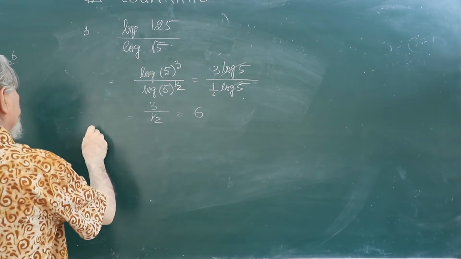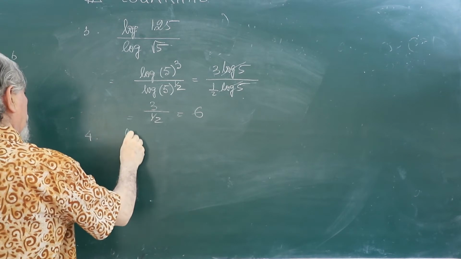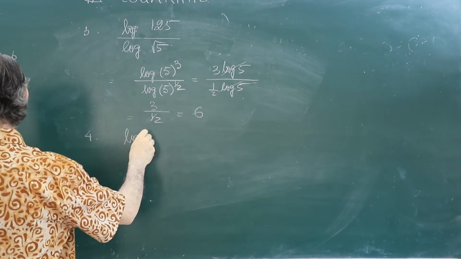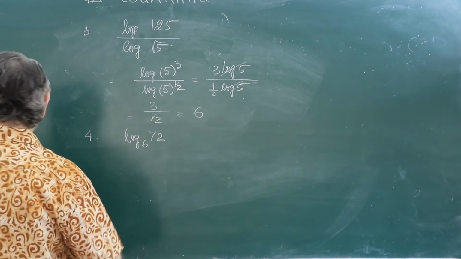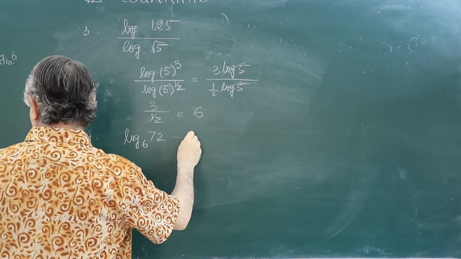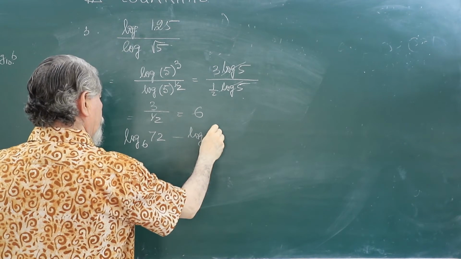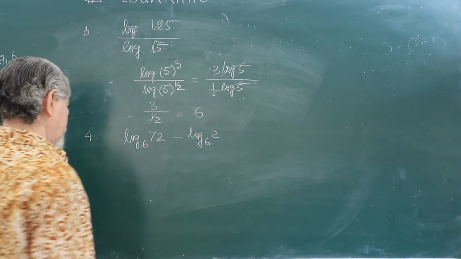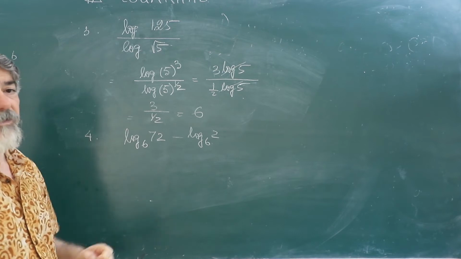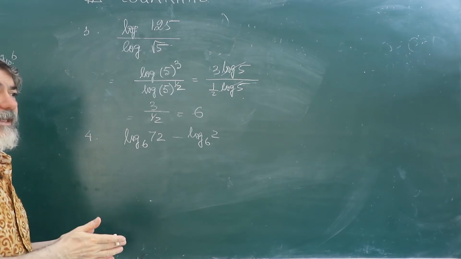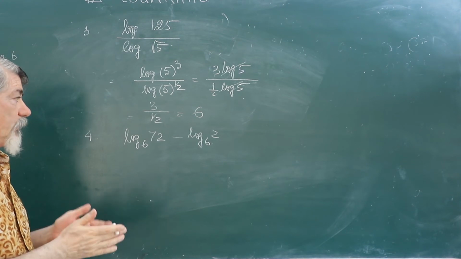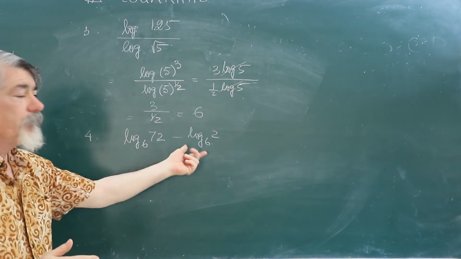Now let us see the next question: log 72 to the base 6 minus log 2 to the base 6. Log A minus log B means log A upon B, and both the bases are the same.